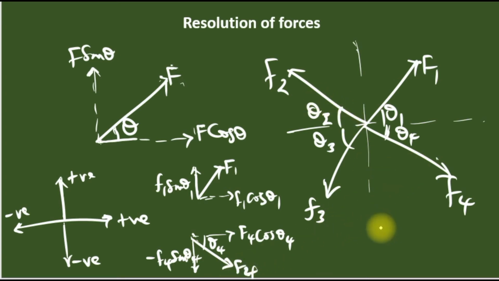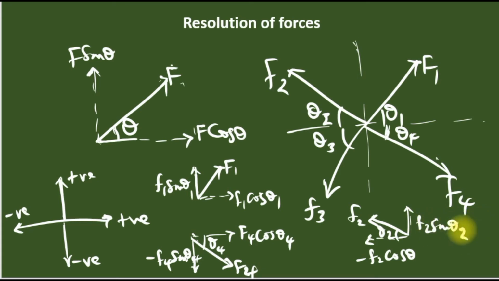Y for the F2 is this way. So we resolve here, and remember the angle is theta 2. So this is F2 cos theta 2, but due to the right, it's moving to the left. This is negative. Y up is F2 sine theta 2, positive. So y the final force, which is force F3, goes this way.